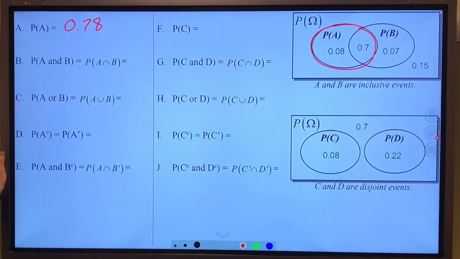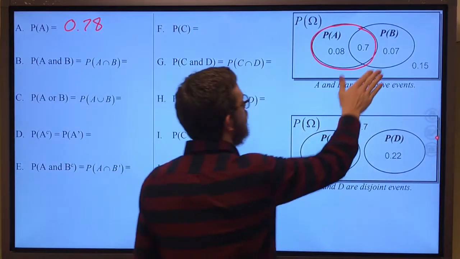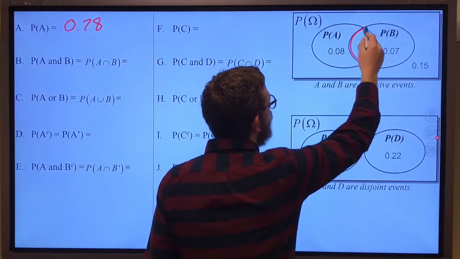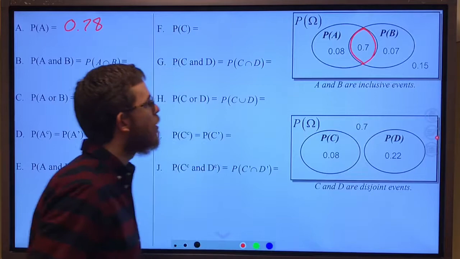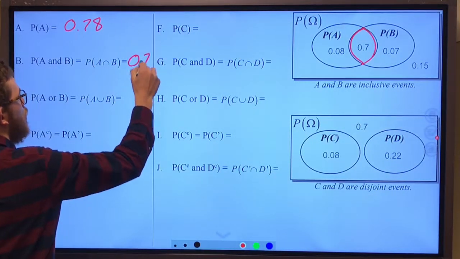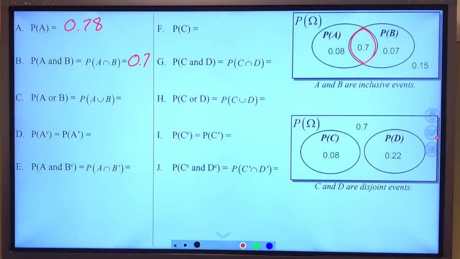Next, the probability of A and B. Well, we don't need any fancy formulas for that either. Probability of A and B, where they overlap, is A and B. That's 0.7. So it's just labeled there.